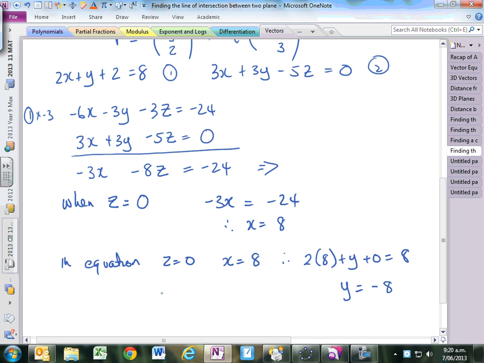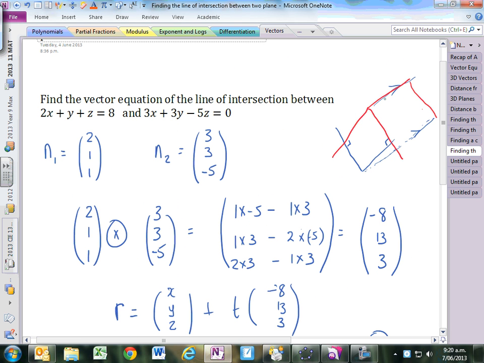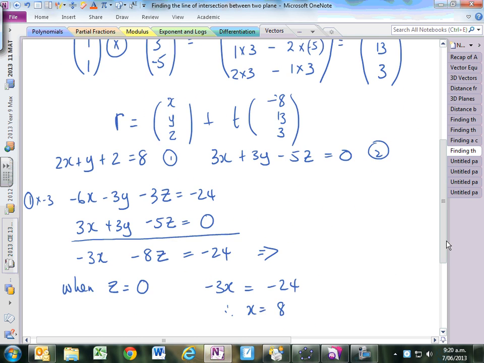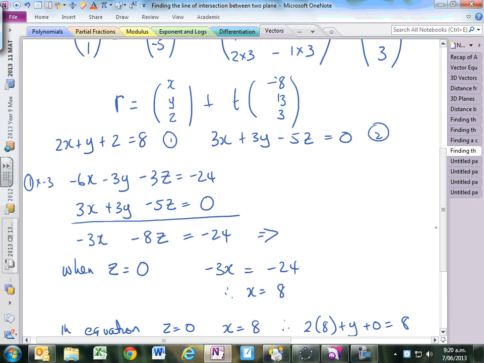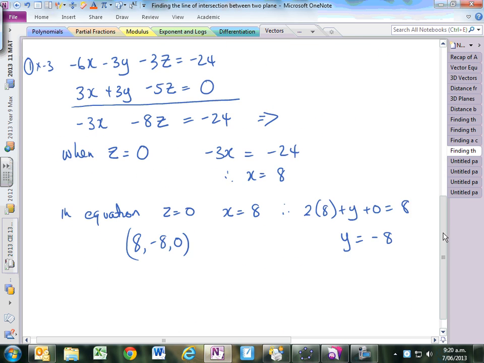So we've got a point now that lies on both planes. It's the point 8, minus 8, 0. And it's a point where the two planes cross. Somewhere where those two planes cross, that point will lie on both of them. And that's neat, because that's what I wanted. I wanted this point over here in the equation. So let's just get that part a bit further down here.